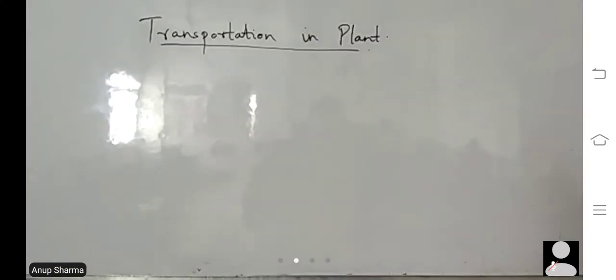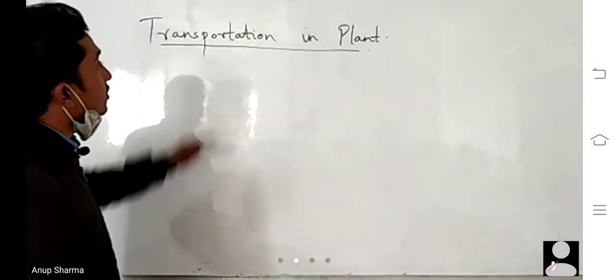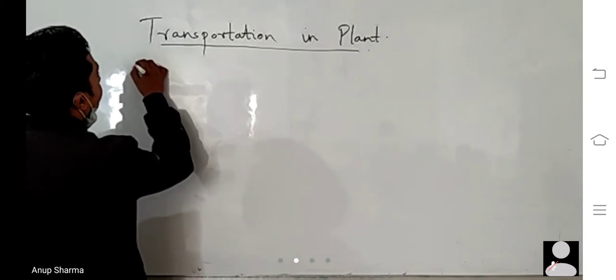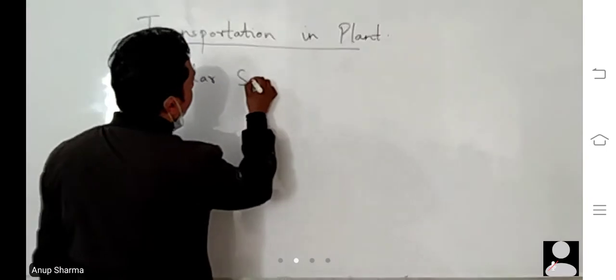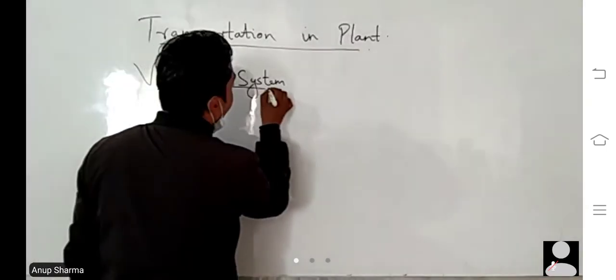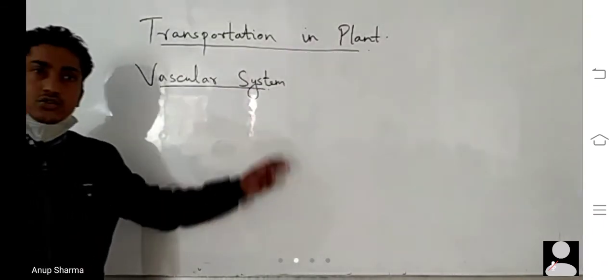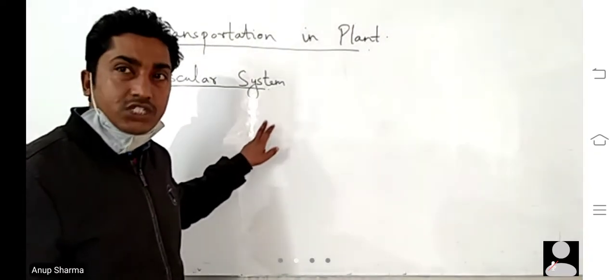Similarly, we have a system in plants for transportation, and that system is called the vascular system. Got it?